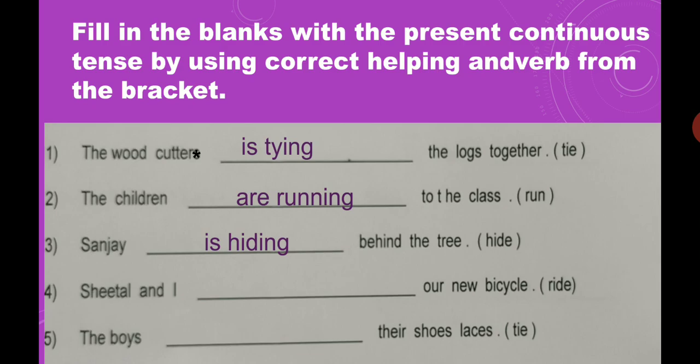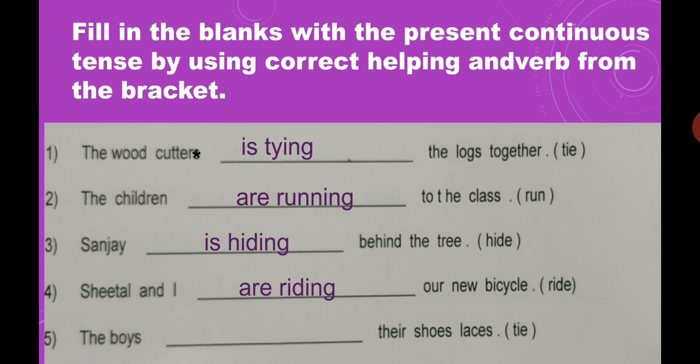Here also we remove E from ride and add ing to RID. So, what will be the spelling of riding? RIDING. And what is our helping verb? Yes, are, not am. Are riding.